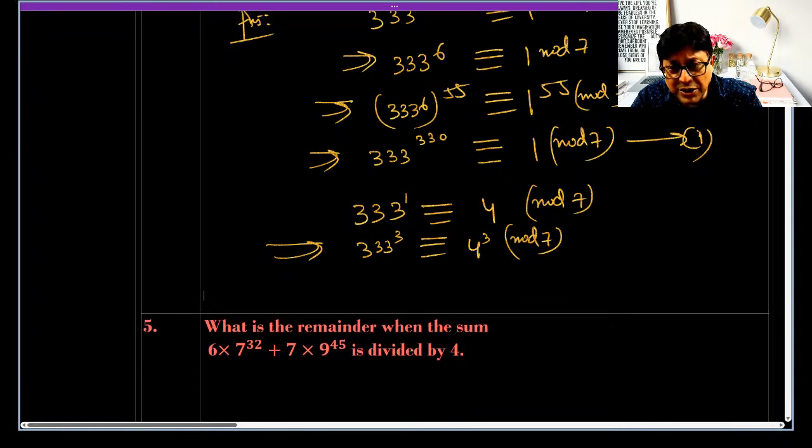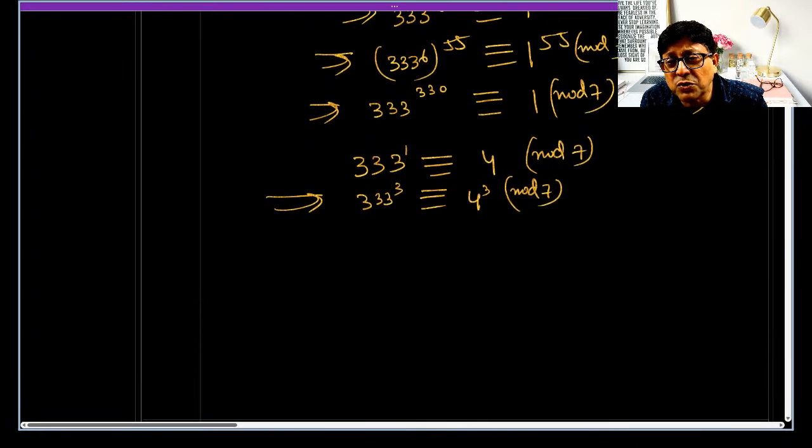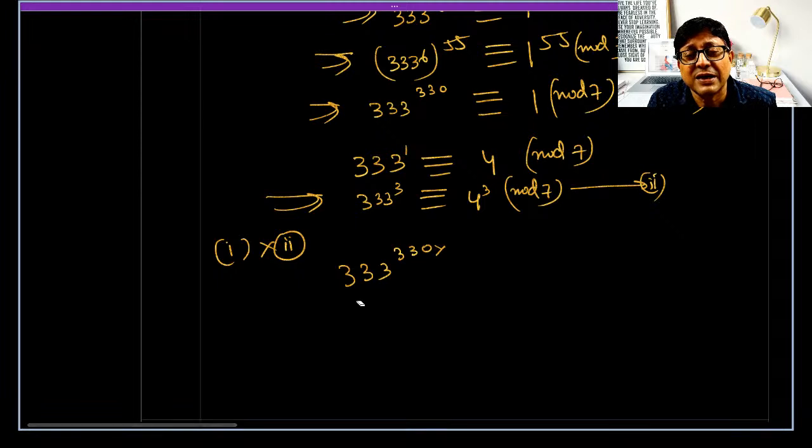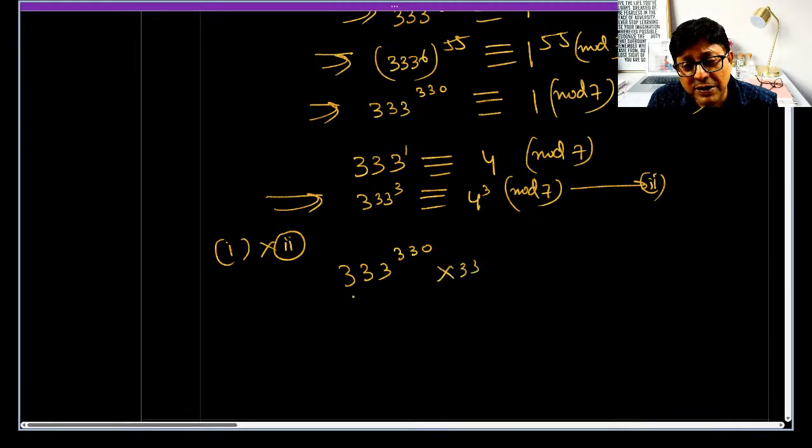Now you multiply these two relations. This is number 2 congruency here. So multiplying 1 by 2, what do I get? 333 to the power 333 is congruent with 1 into 64, 64 mod 7.